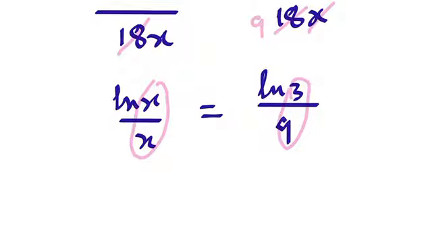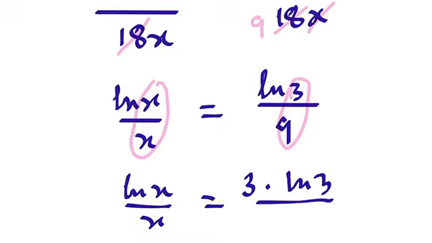All right. So now we're going to multiply both sides. So I have ln of x over x equals, from the right hand side, if I multiply both numerator and denominator by 3. Alright.